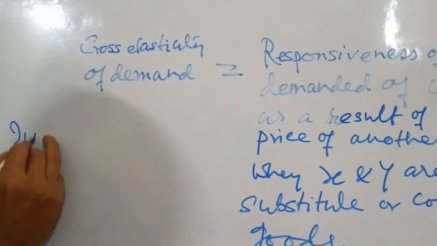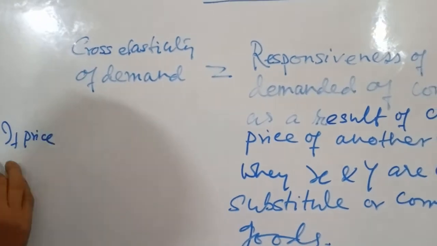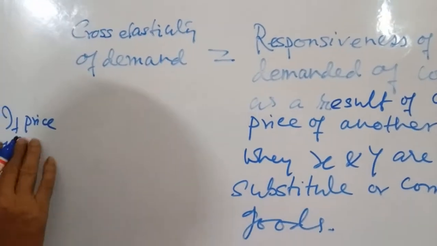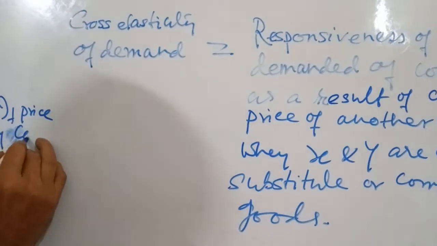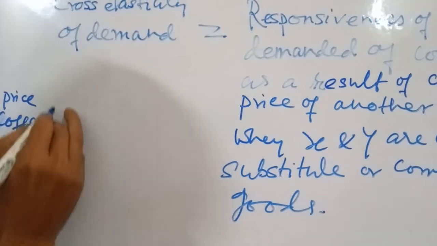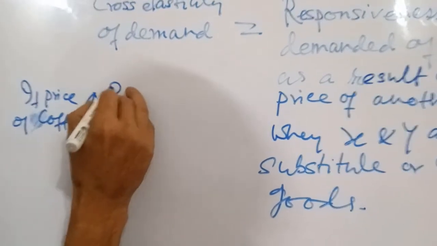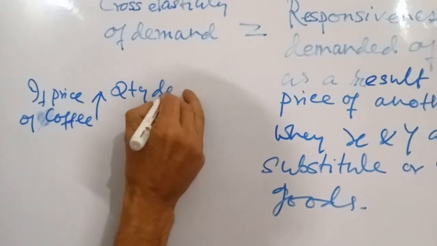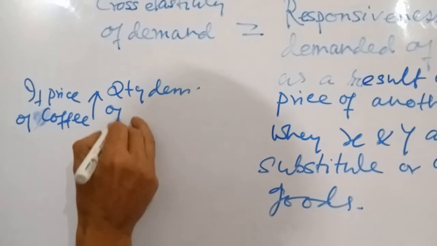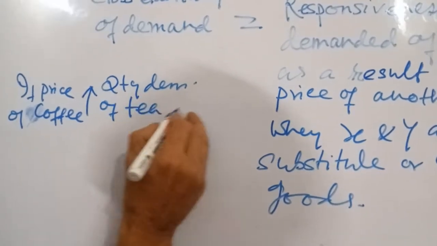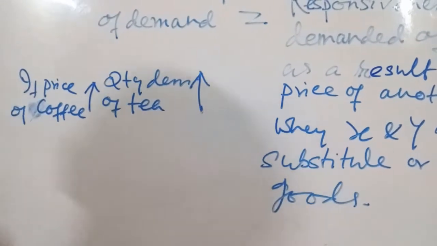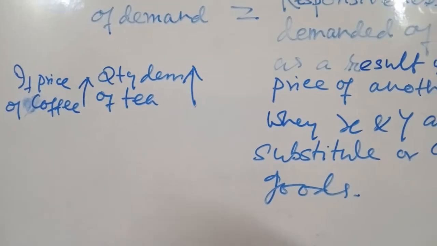If price of coffee increases, quantity demanded of tea also rises. Why?